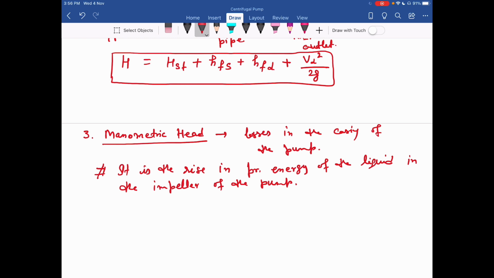So if I write this manometric head as HM, so this I should write equal to HMD minus HMS. Okay.